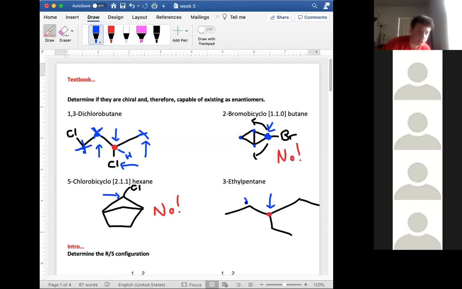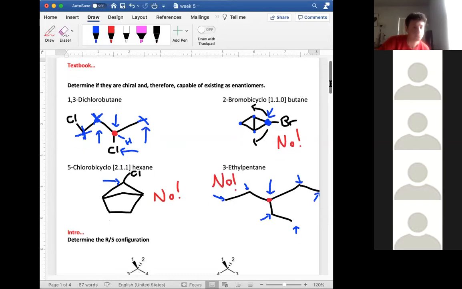Here's a CH2. Here's a CH2. Here's a CH2. And even extending off, going to the other carbons, it's the same thing. Here's CH3, CH3, CH3. So you have a massive amount of the same exact groups coming off of that carbon, thus achiral. All right.